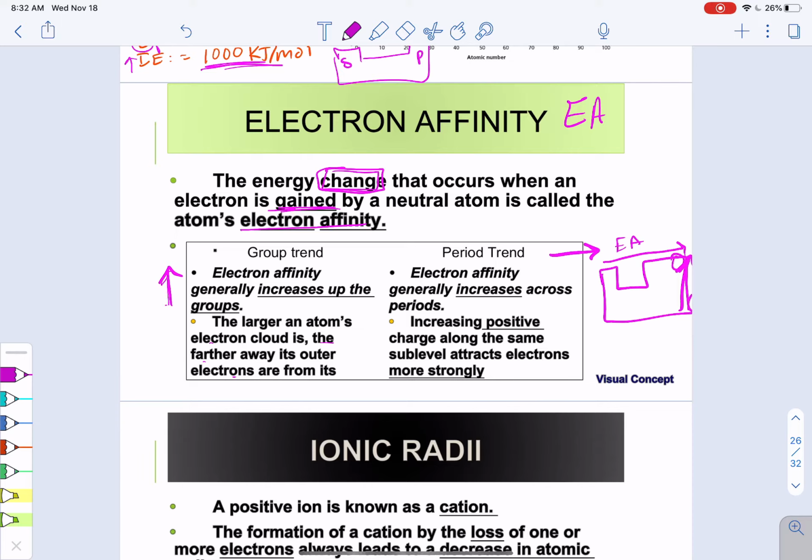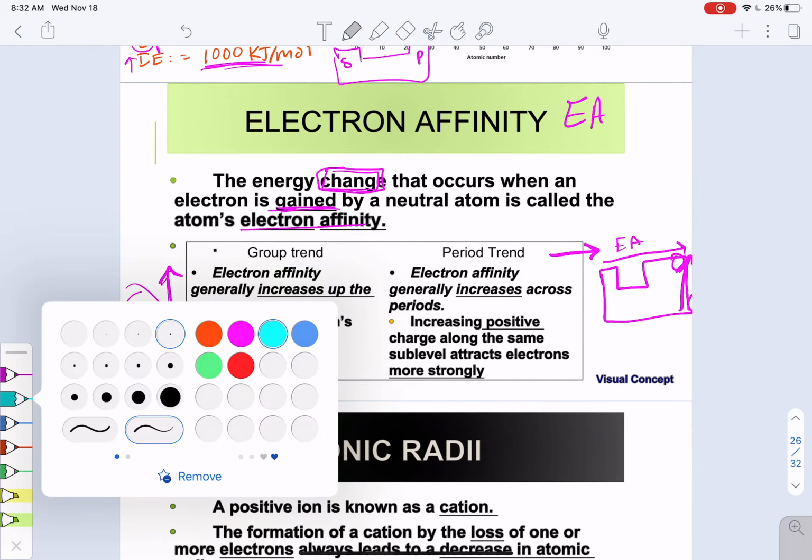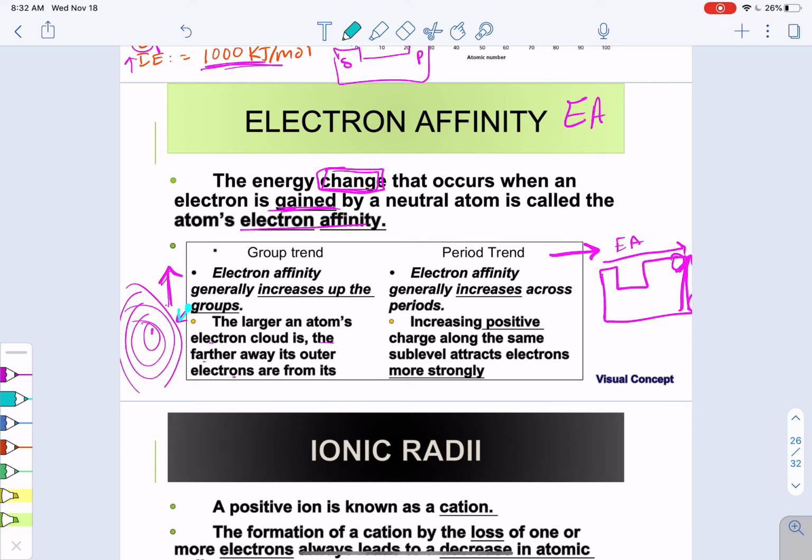On the bottom, you're trying to take an electron and add it in, and it's further away from the nucleus, so it's less likely to be added. At the top, you have fewer energy levels, and so the electron being added in has to be added closer to the nucleus than when it's further away.